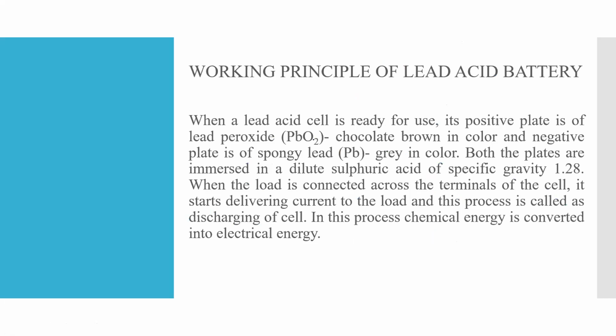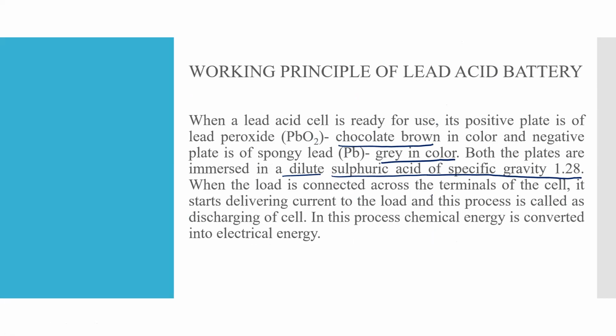The lead peroxide, PbO2, is chocolate brown in color. And the negative plate is of spongy lead, gray in color. So both will have different colors. Both the plates are immersed in diluted sulfuric acid of specific gravity 1.28.